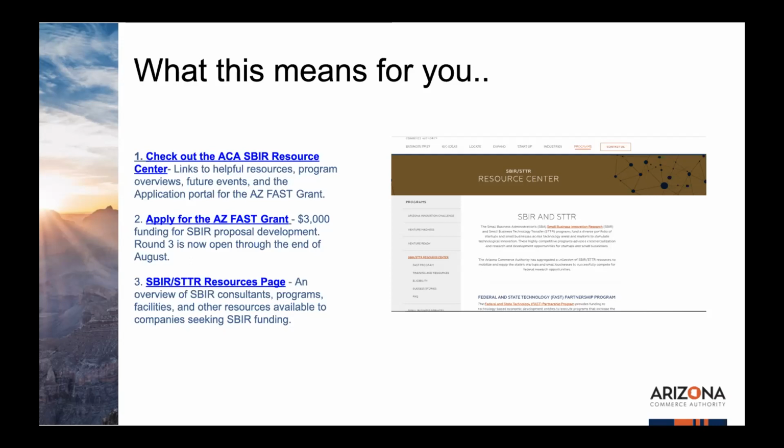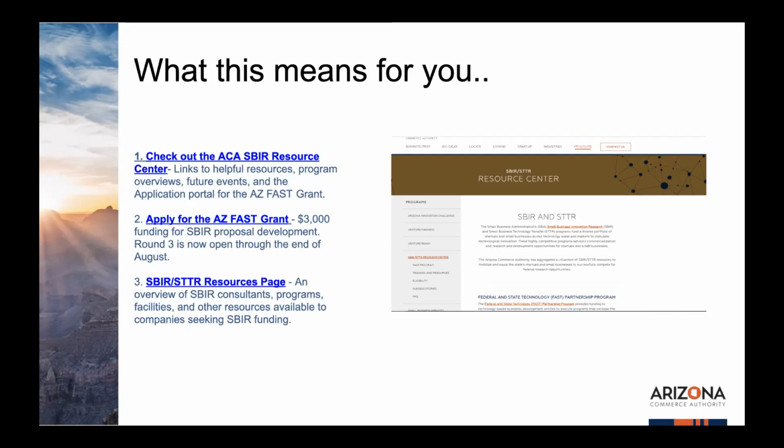It's currently open. For our first year of the FAST Grant funding, we did 3 rounds of this grant. We are currently in the 3rd and final round of this year's funding, and so that portal application will be open until the end of August 31st, with awardees being notified in September.